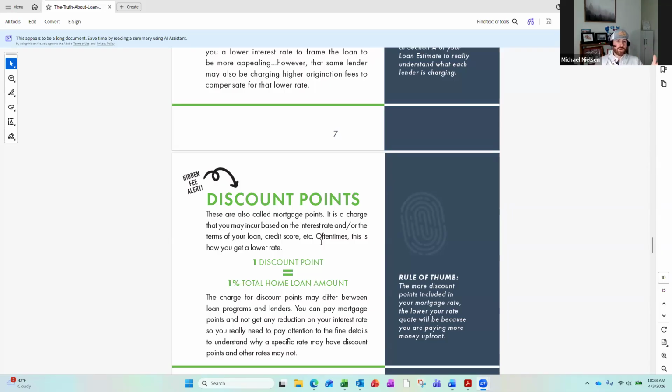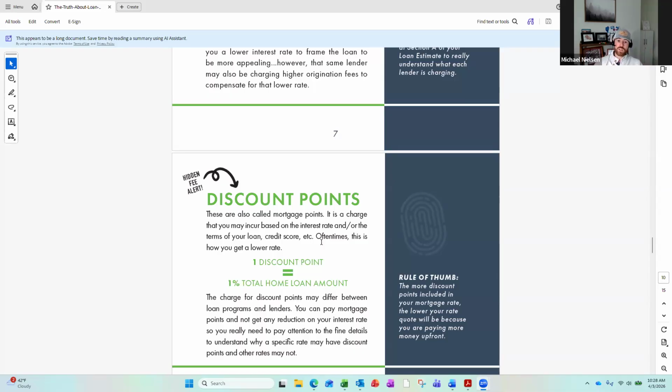You might see your note rate be 6.5, and then your APR might be like 6.6, 6.7, somewhere in that range, because maybe it's including traditional closing costs like underwriting fees, origination charge, but no discount points, no mortgage insurance, nothing extra kind of piled in there, right?